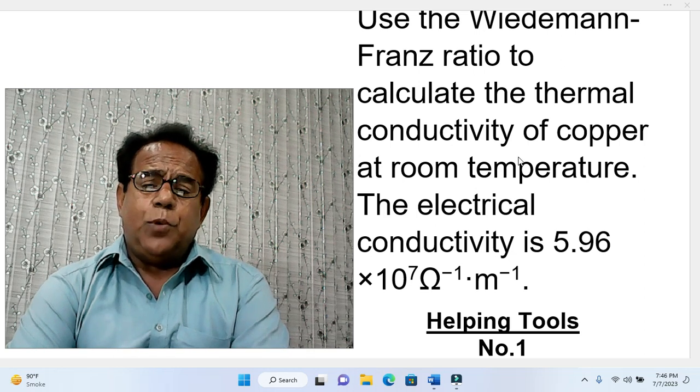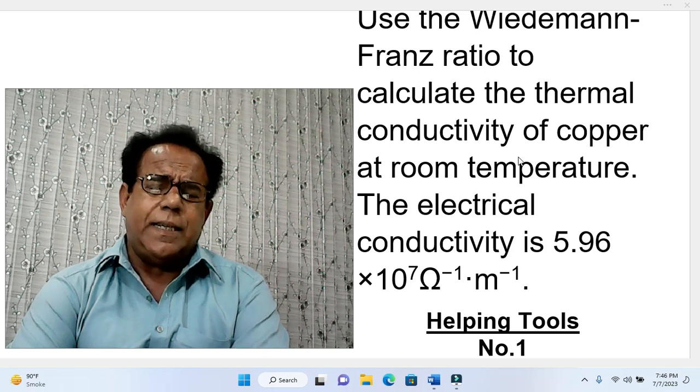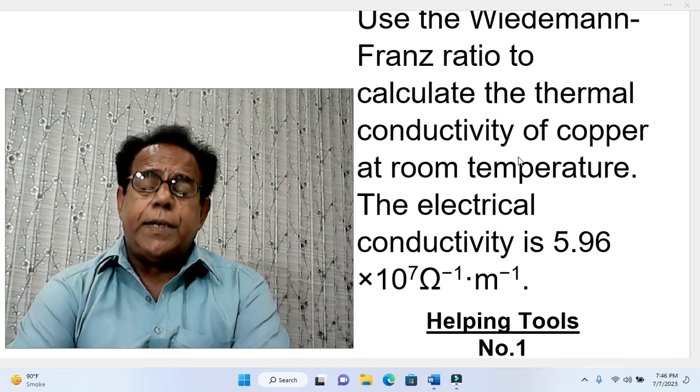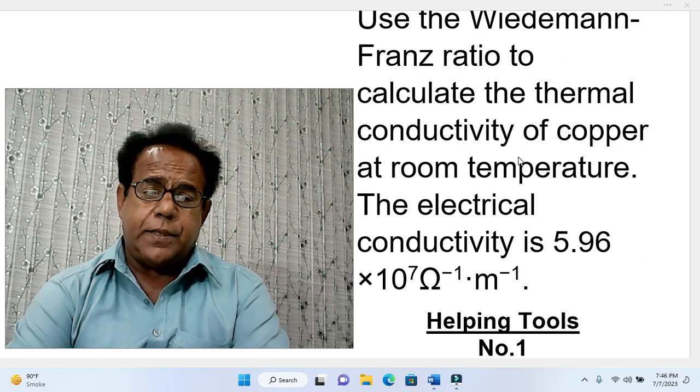The second point is that, for the purpose of this problem, or in general, we are assuming 20 degrees centigrade as room temperature.